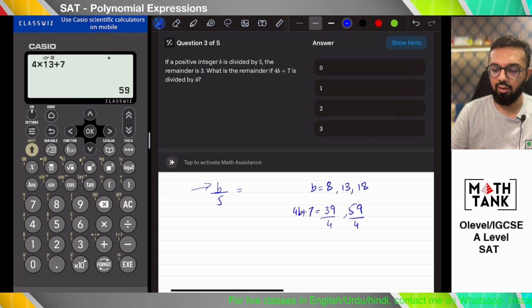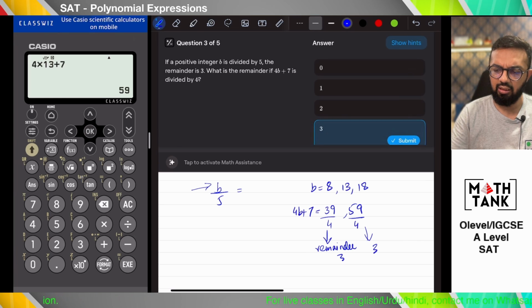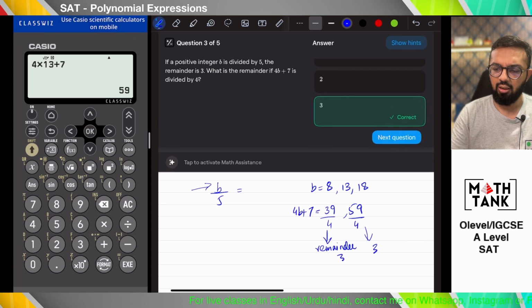So 4 times 9 is 36. I also leave a remainder of 3. 4 times 14 is 56. That also leaves a remainder of 3. So I'm consistently leaving a remainder of 3.